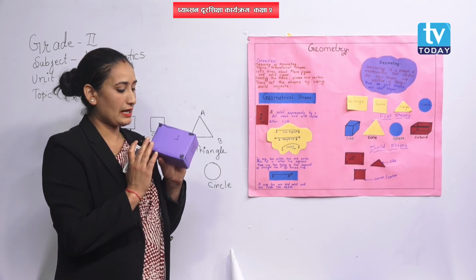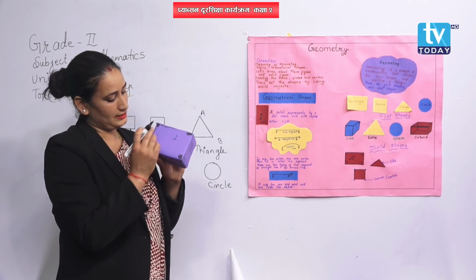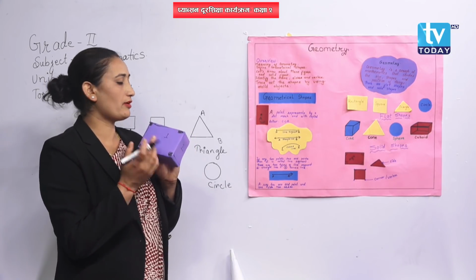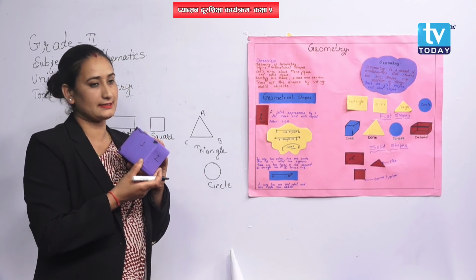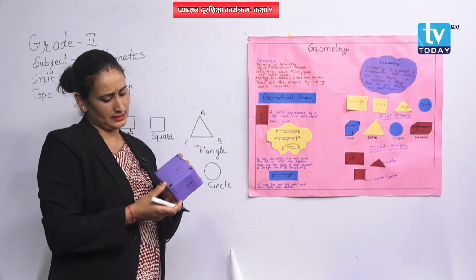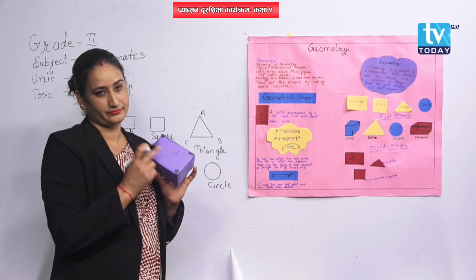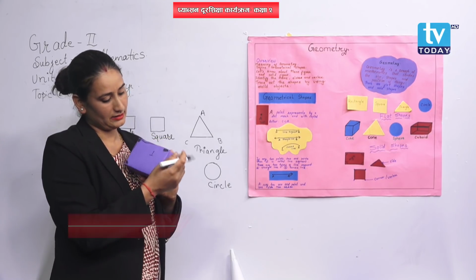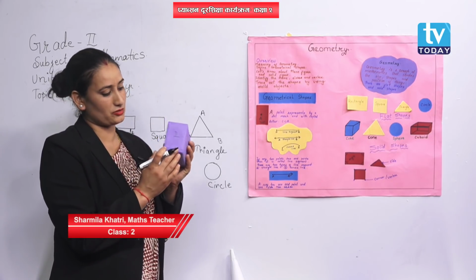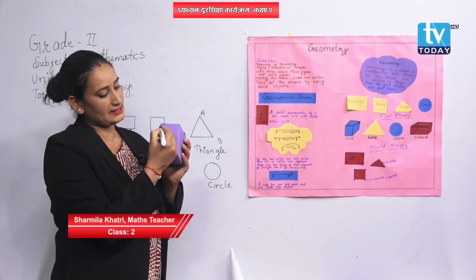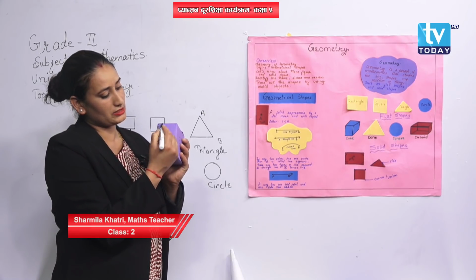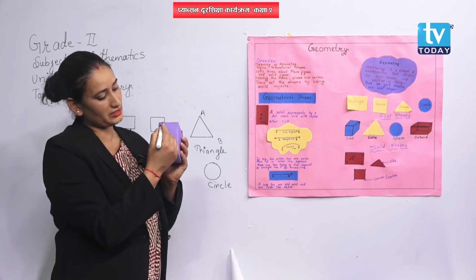Very good. Now angle finished, side finished, then what is left? Corner also finished. Now, can you mention how many points are there? In the middle of 2 straight lines, something is formed, right?